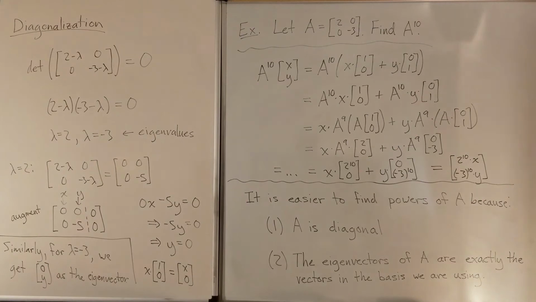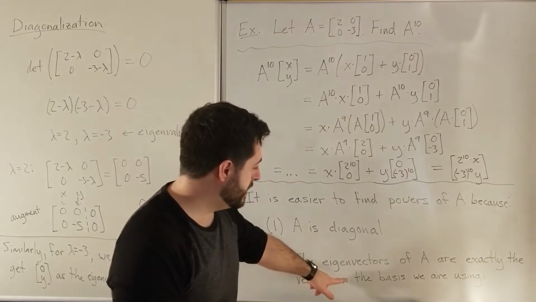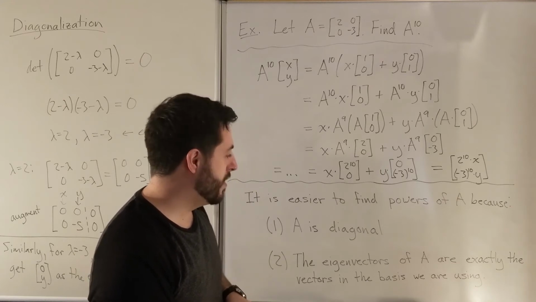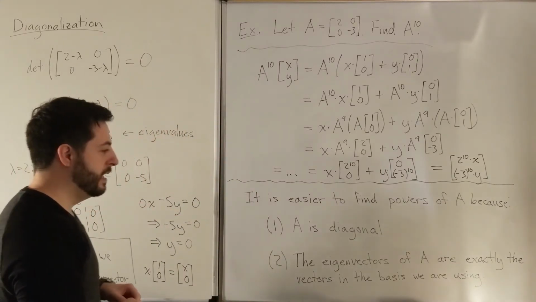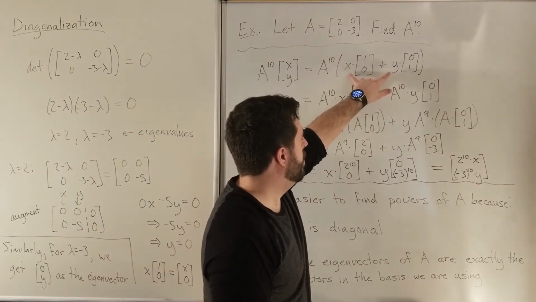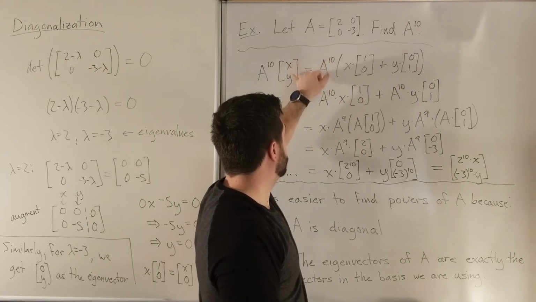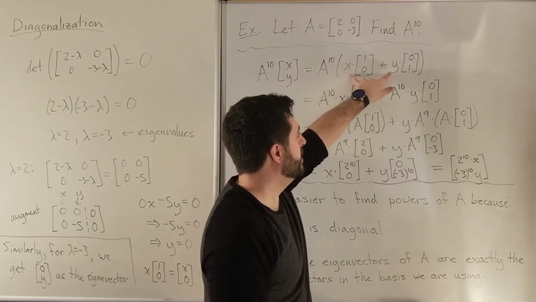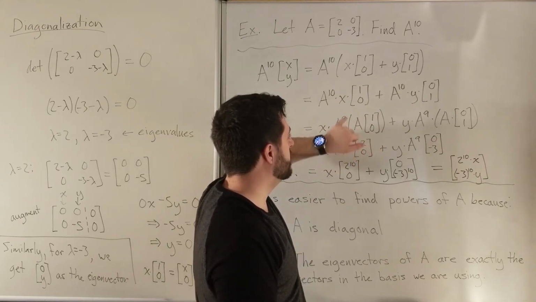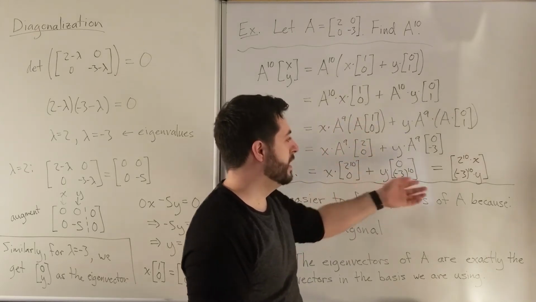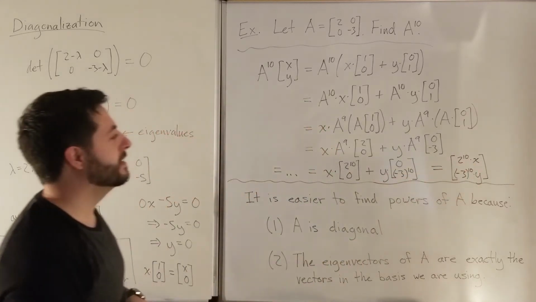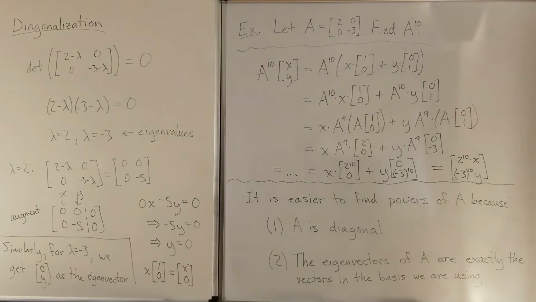Okay, so that's another way we could have seen it. And the only thing we had to use for this is the fact that the eigenvectors were the basis elements. So we just expressed the arbitrary vector here, (x, y), in terms of our eigenvectors, as a linear combination of our eigenvectors, and then this whole process worked, and in the end we just had to multiply the x and the y by this nice thing.